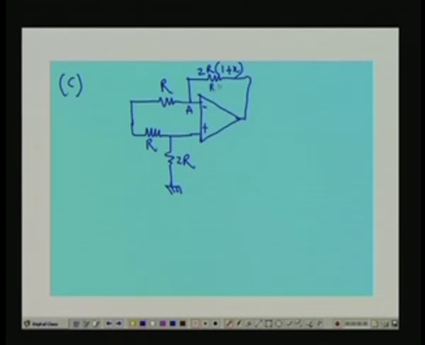This is 2R. Now, we are connecting excitation and taking the output from this terminal. So, the voltage at the point A, which I define as EA, will be equal to 2 by 3 of excitation, is it not?